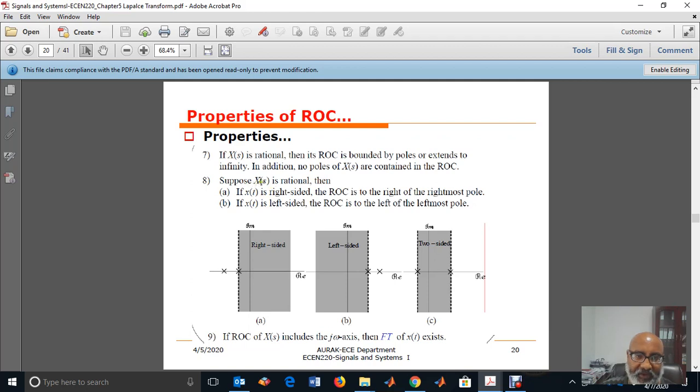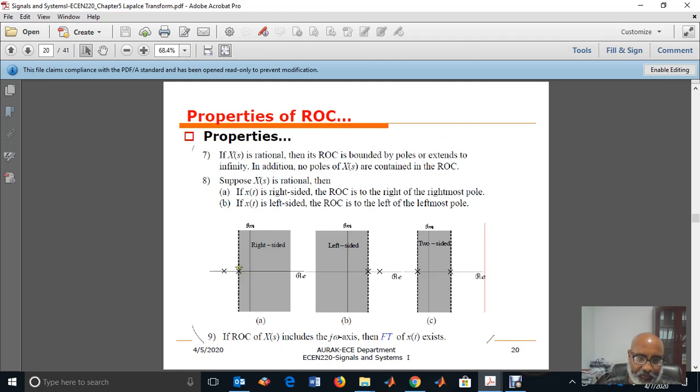If x of s is rational, then if x of t is right-sided, the region of convergence is to the right of the rightmost pole. That means if x of t is a right-sided signal and it has several poles, for example, here I have a signal x of t having two poles, one pole here, another pole here.